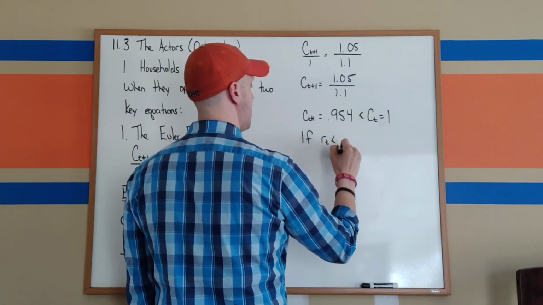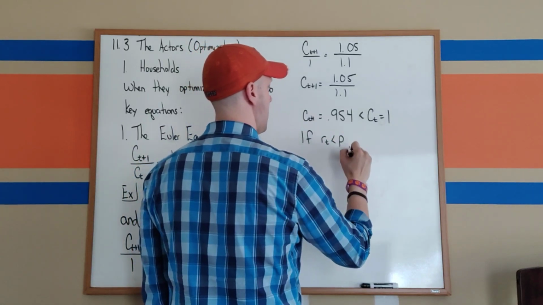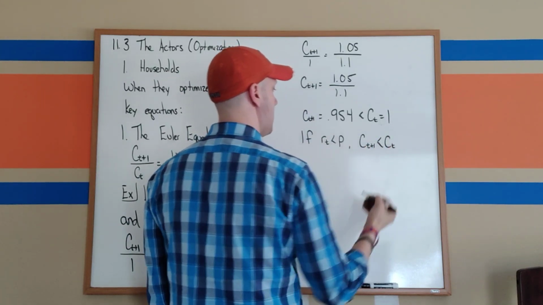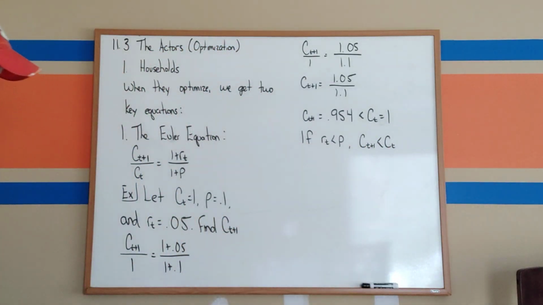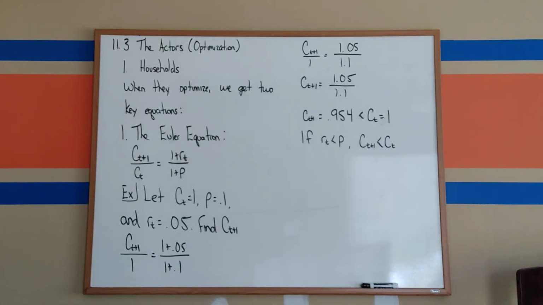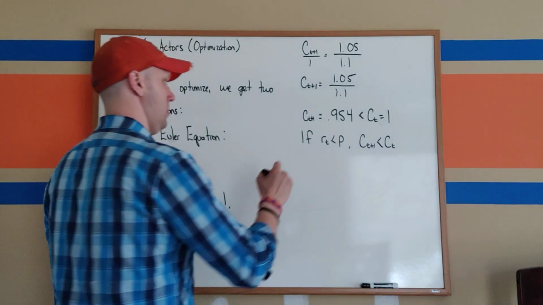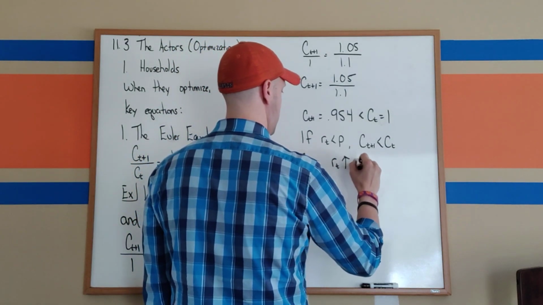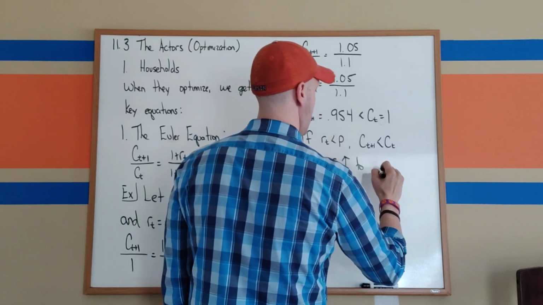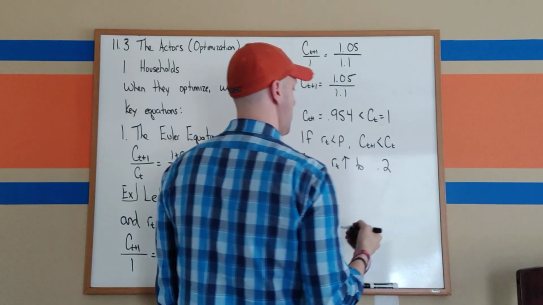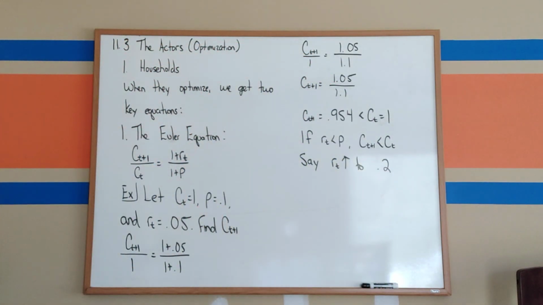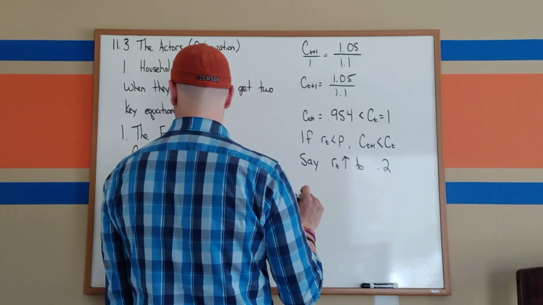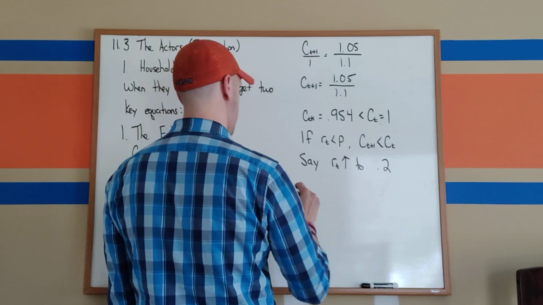Meaning if the interest rate is less than our discount rate, future consumption will be less than current consumption. Now let's say the interest rate increases to 0.2. Well, let's assume for a minute current consumption is the same.